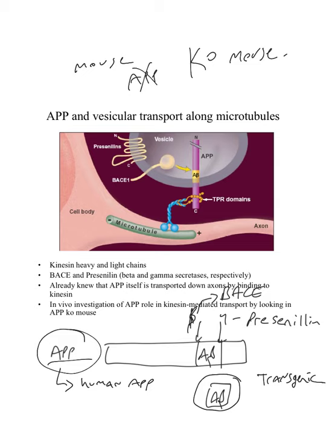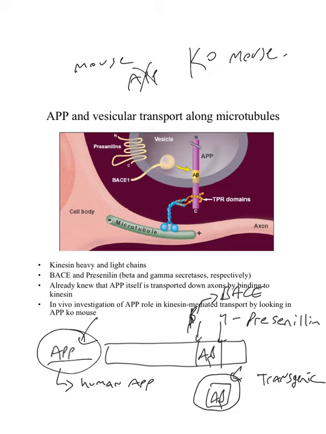That suggested that there was some role for APP in the transport of cargo along microtubules. Up until then, we had no idea what the normal role for APP was. We knew that when it's proteolyzed abnormally, we get extra amyloid beta and it causes Alzheimer's disease, but it couldn't have evolved for that purpose.